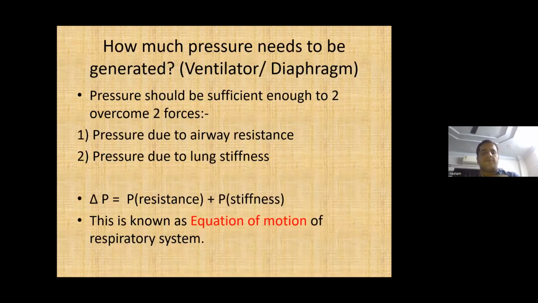Okay. Now, for inspiration, as I told, there should be a pressure difference between 2 points, between atmosphere and the baby's lung. Always there is a pressure difference. Now, how much pressure needs to be generated in either scenario? If the child is on ventilator, or if the child is breathing on his own, how much is actually the pressure the baby has to generate or the ventilator has to generate to ensure that tidal volume?